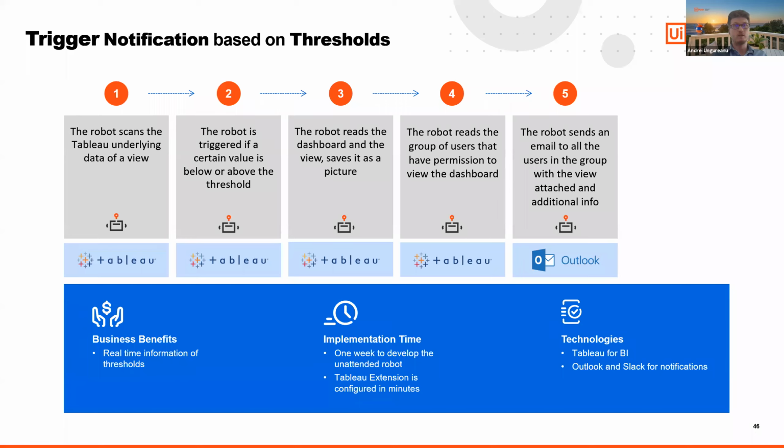You can imagine that there are moments where you have a view, or let's say a trend line or a chart that shows different business metrics, and you would like to be aware if a value from that business metric changes past a certain threshold or below a certain threshold. That would benefit greatly from using Tableau with UiPath.